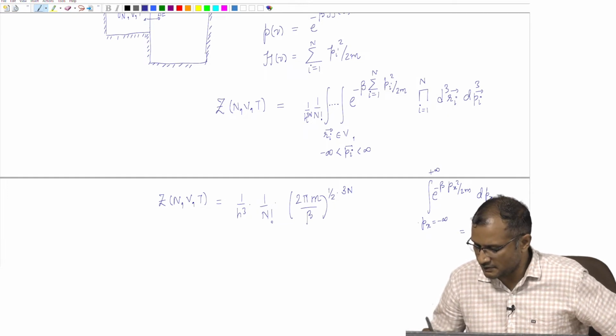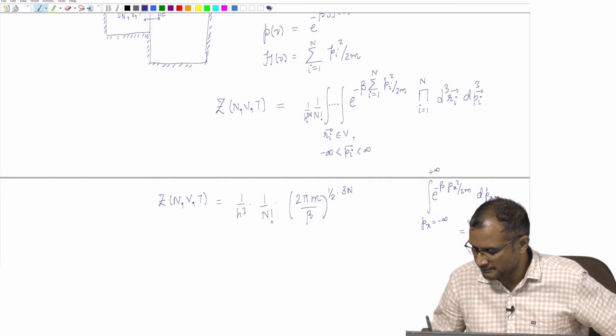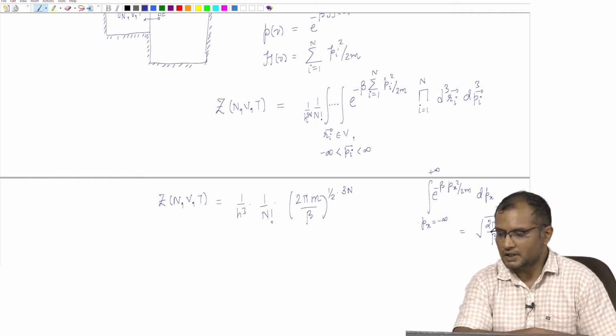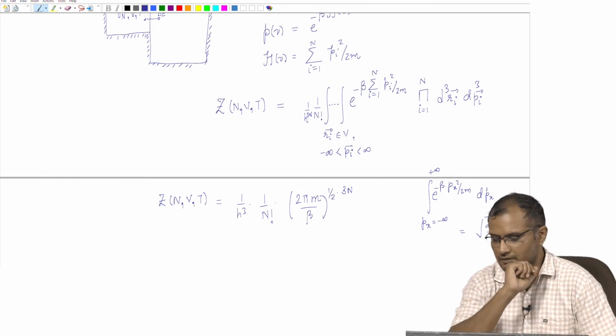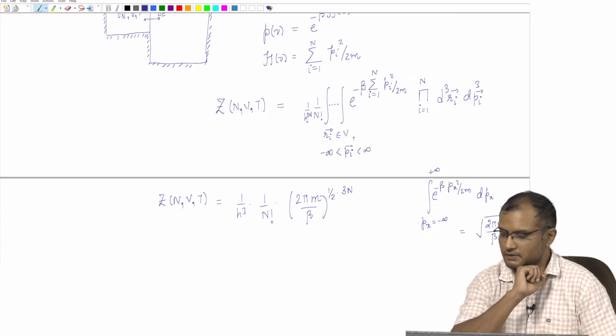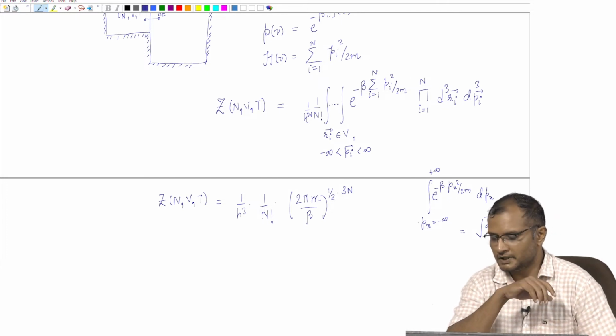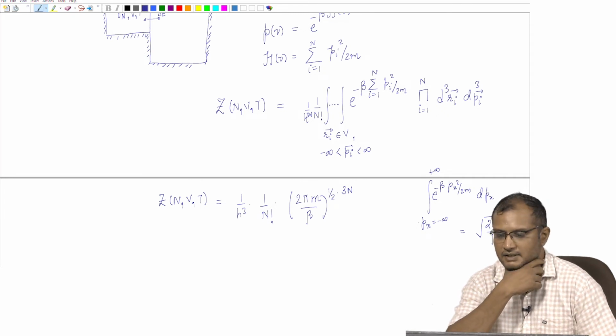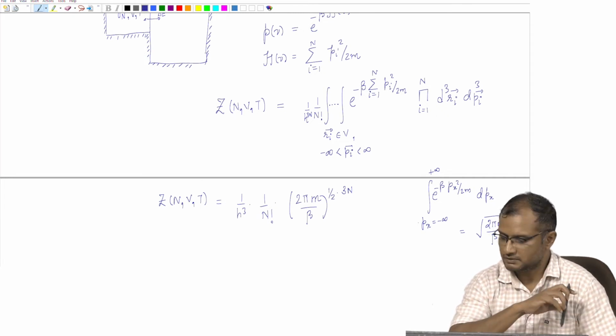This will give you the square root of 2πm by β. Okay. So, since you have a triple integral, it gives you (2πm/β) to the power 3/2, and there are n such integrals. So, you get 3n/2.